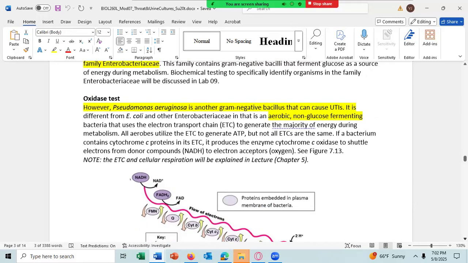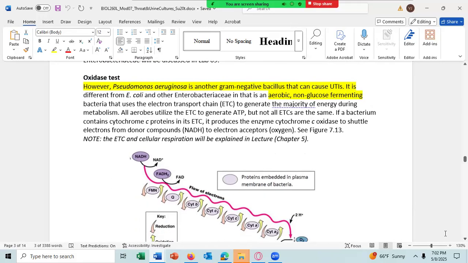All right. Another enzyme we can use to test the urinary tract infection is the oxidase test. Oxidase looks at the cytochrome C oxidase, and if the organism performs aerobic respiration, it has cytochrome C in it, which obviously will make the oxidase test positive.